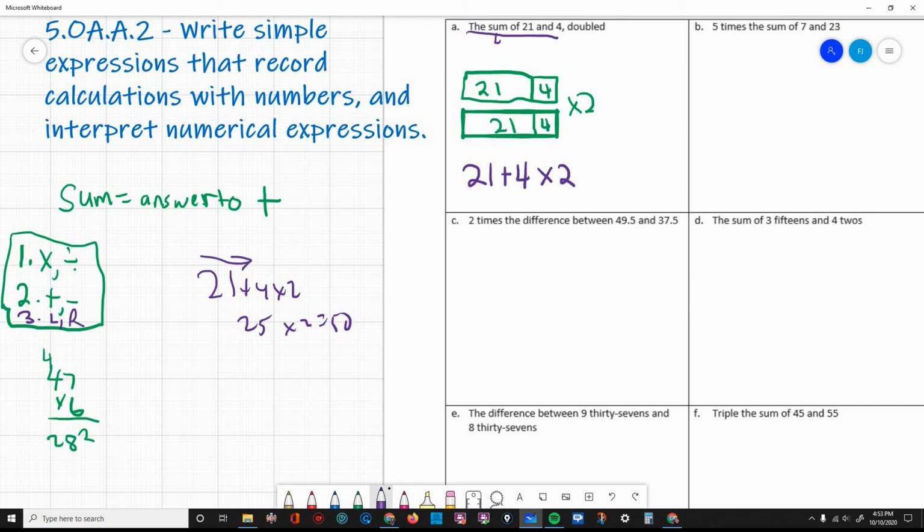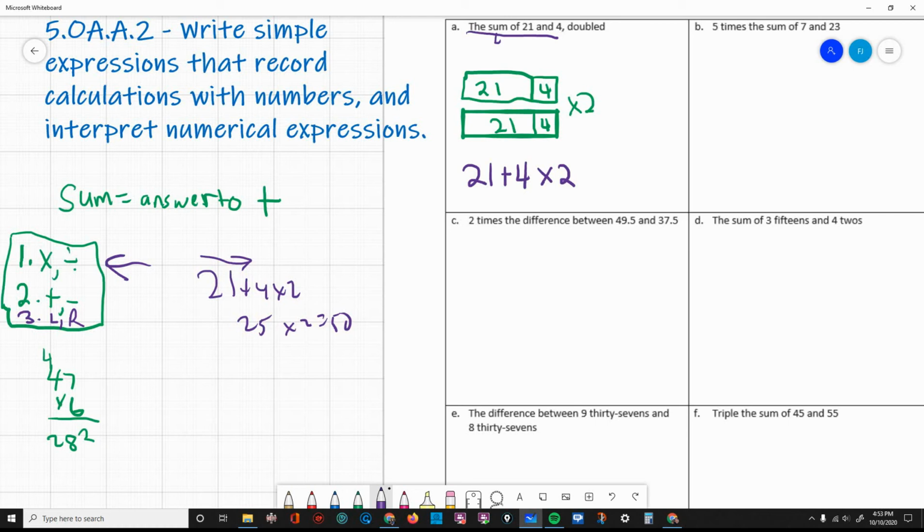Okay, but if we think about this other idea, it's not so much a rule as we ever discussed, but it's an idea that we should be multiplying first. That would change that. So when we write an equation, or in this case an expression, 21 plus 4 times 2, we need to be multiplying first. So the best way to show that, to defeat that actually, it's already shown right now.